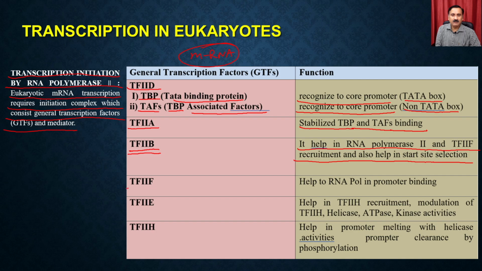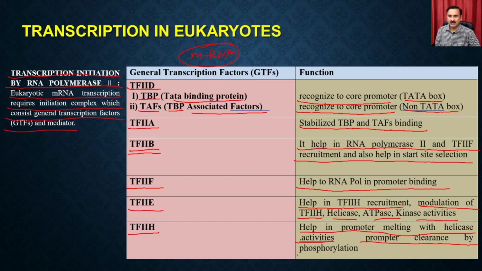Then we have TFIIF, which helps the RNA polymerase in promoter binding. Then we have TFIIE, which helps in TFIIH recruitment and the modulation of TFIIH's helicase, ATPase and kinase activity. Then it also requires TFIIH, which helps in promoter melting with its helicase activity and in promoter clearance by phosphorylation.